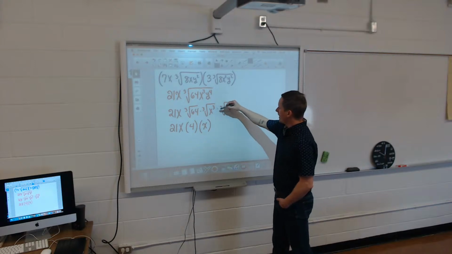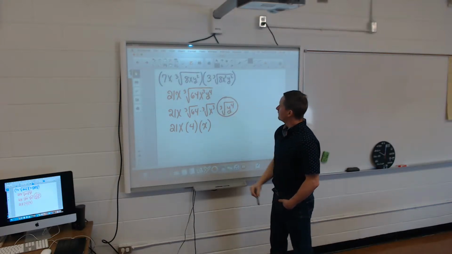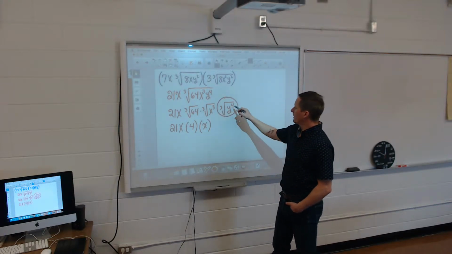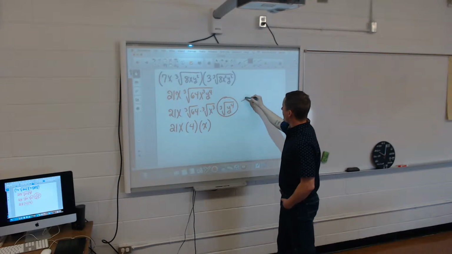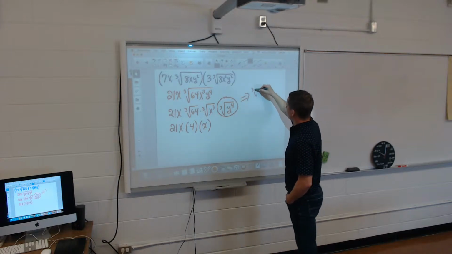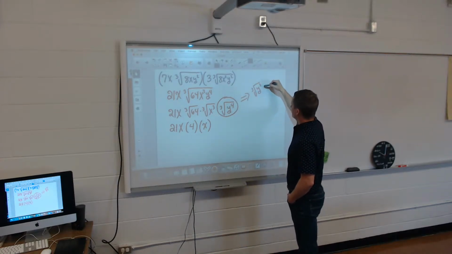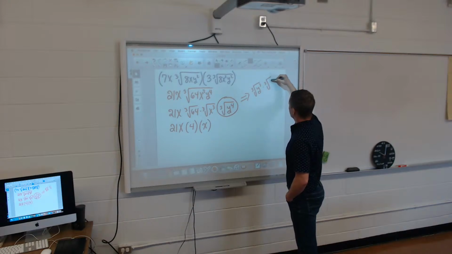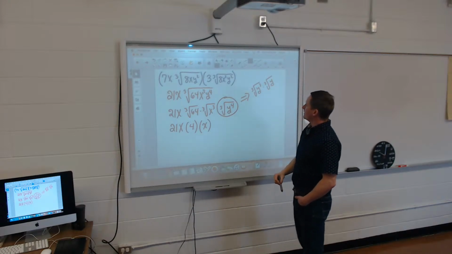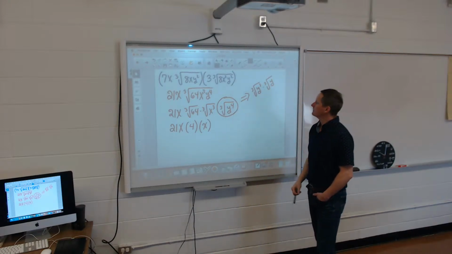Now, here's the guy. There's one perfect cube that goes into here, because this is actually y to the 4th. I find out how many perfect cubes I have inside that.